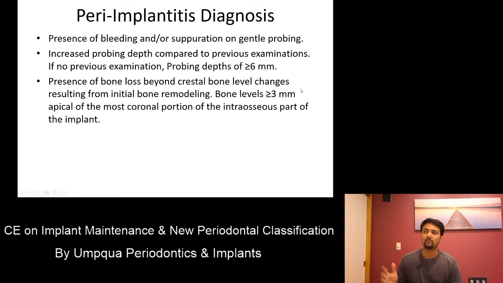So what is peri-implantitis? With all the signs of peri-implant mucositis, bleeding on probing, and crestal bone loss beyond the initial remodeling that we expect, so about 3 millimeters or more, is considered peri-implantitis.